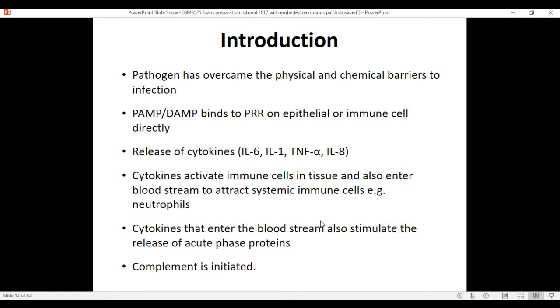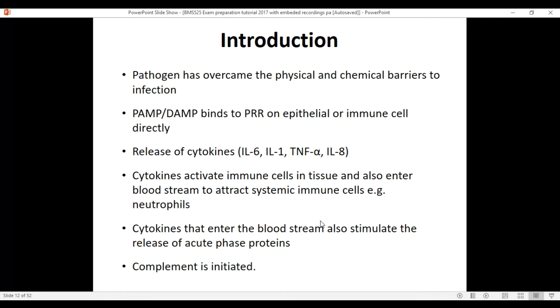And what will happen is the cytokines will activate immune cells within the infected tissue, but they'll also enter the blood to try to alert the immune system on a more systemic level and to attract the right immune cells to the site of infection to deal with the infection.